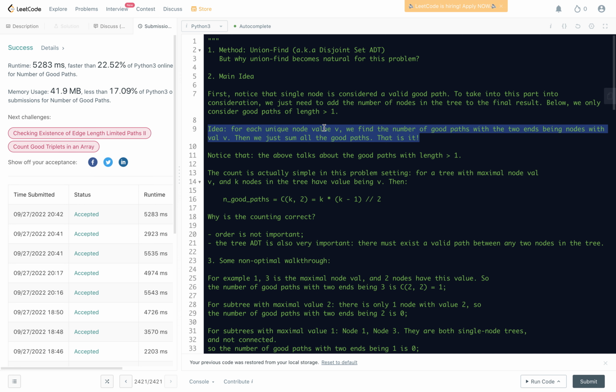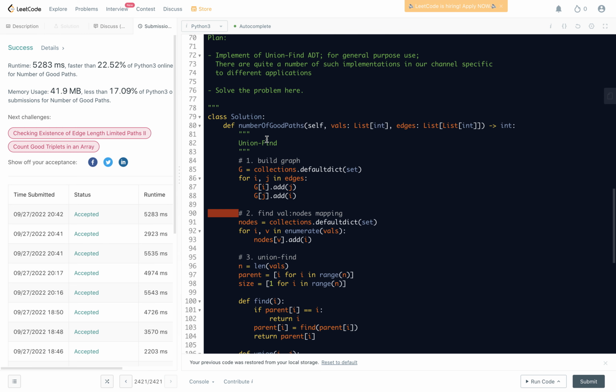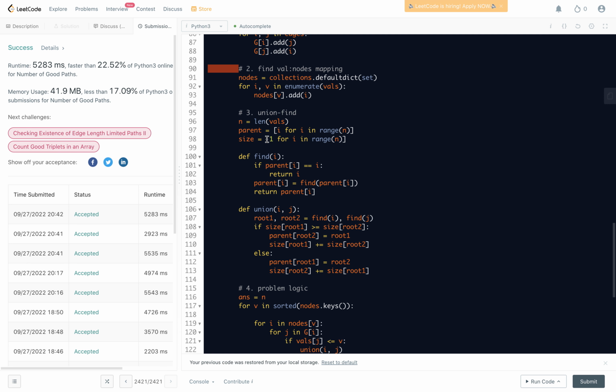In the specific implementation, what we do is based on this idea, and it is actually very simple. For each unique node value v, we find the number of good paths with the two ends being nodes with value v. Then we just sum up all these paths across all the unique values.